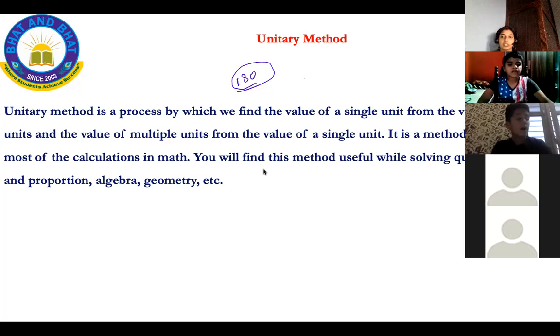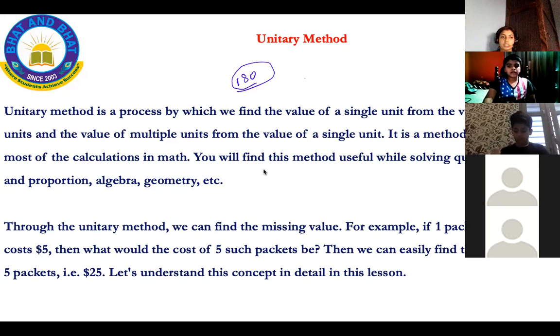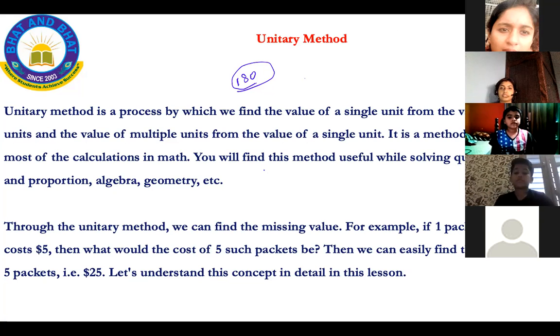Next, through unitary method, we can find the missing value. Now they have given, for example, if one packet of juice, what is it, Kishan?